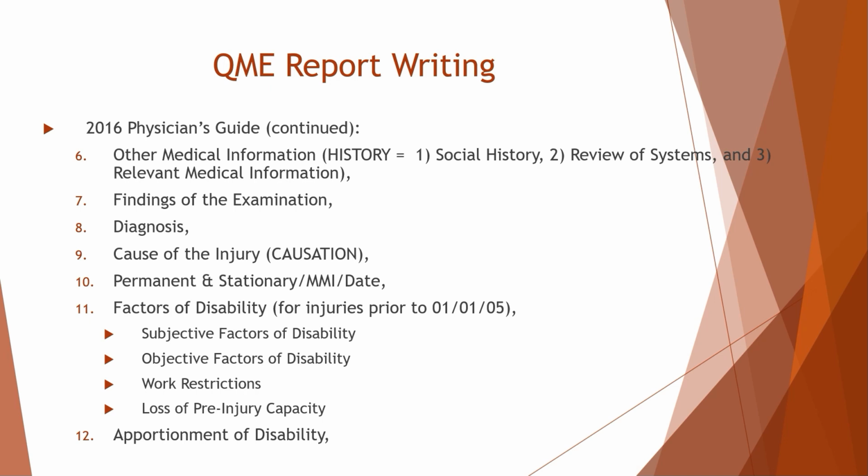And it's interesting with regards to relevant medical information. Relevant medical information is an important section in your report, if for no other reason that it justifies the use of the ML 104 complexity factors for your billing under the code ML 104.